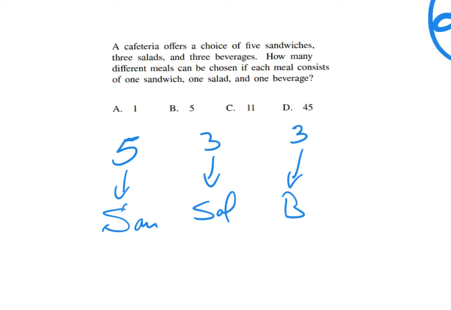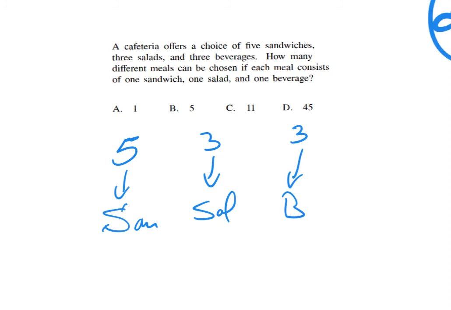How many different meals can be chosen if each meal consists of 1 sandwich, 1 salad, and 1 beverage? So we can take 1 sandwich here, and we may have 3 different salads, 3 different beverages here. We can take another sandwich here, but we're not going to finish.